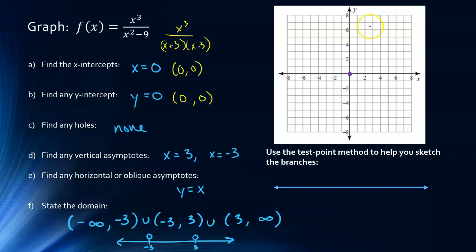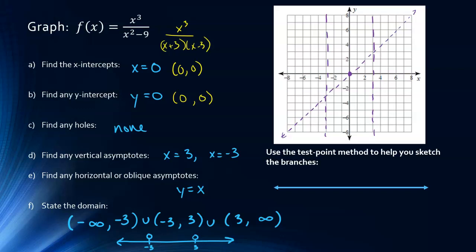There is a vertical asymptote at 3, at negative 3. And then you have an oblique asymptote at y equals x. y equals x would be this line here. All right, so I know that looks strange.